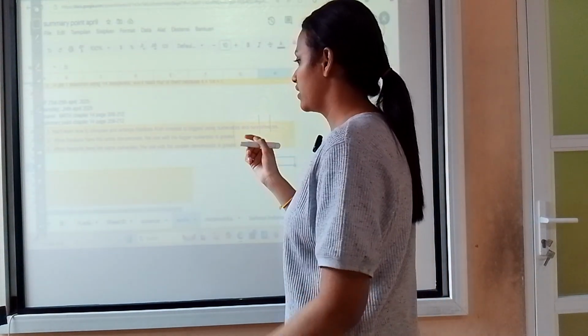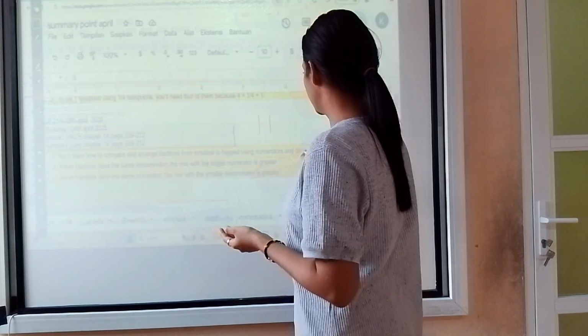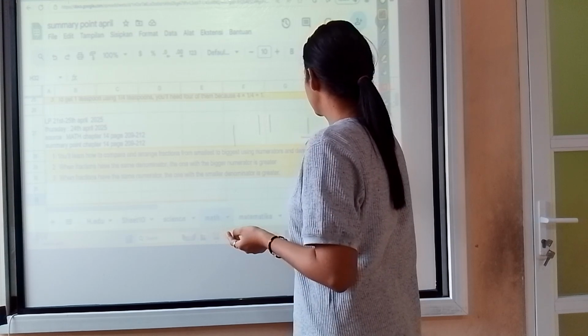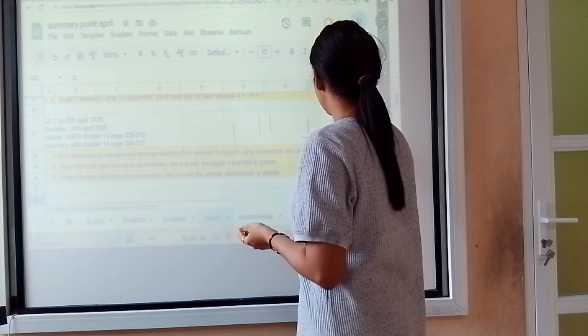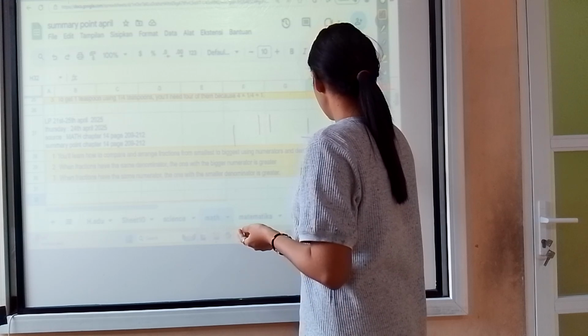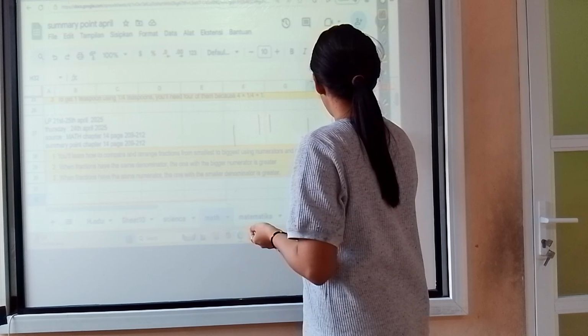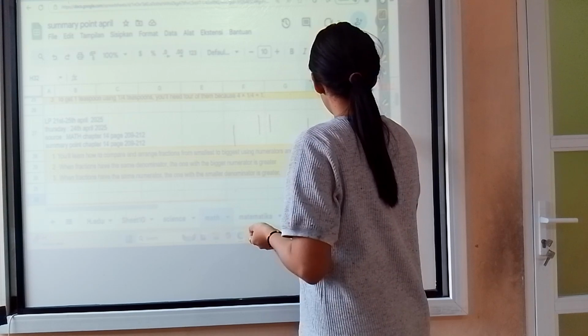So we can compare here. I will write four fractions. So it means 1/2, and then 1/5, 1/10, and 1/15.